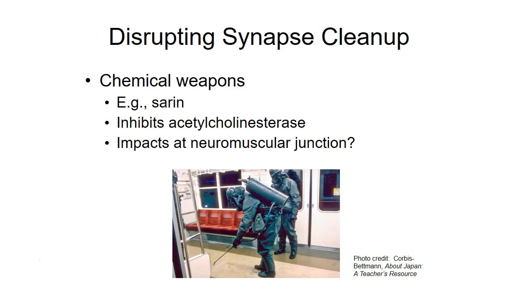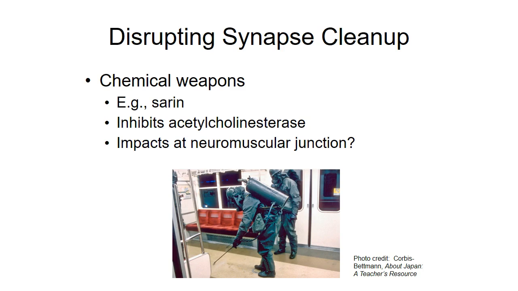It's breaking down acetylcholine. So if we have an inhibitor of the thing that breaks down acetylcholine, what is that going to do to acetylcholine? It goes up, right? We don't have that enzyme to take out acetylcholine, so the amounts of acetylcholine are elevated.